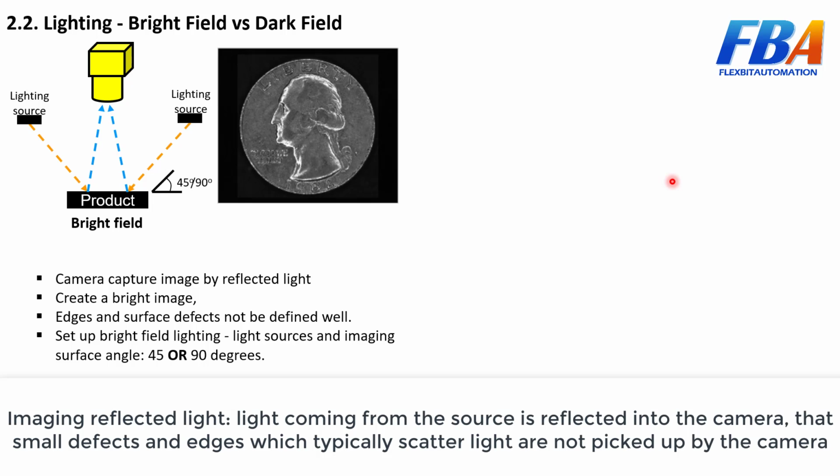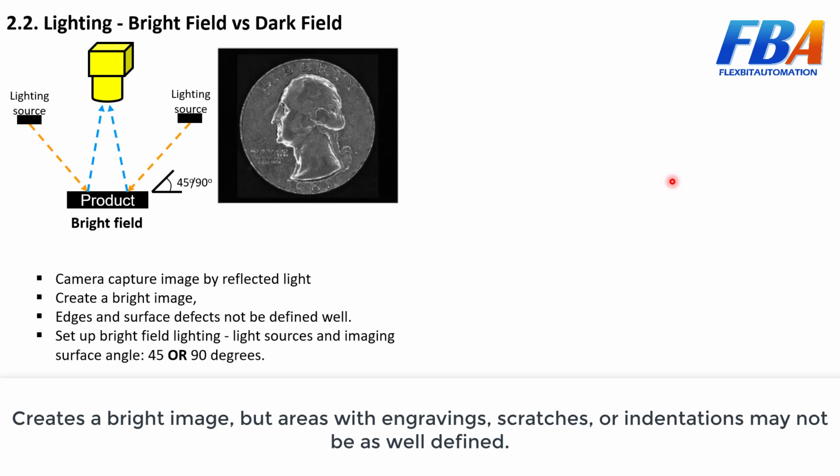Light from the source is reflected into the camera. So small defects or edges, which typically scatter light, are not picked up by the camera. This creates a bright image, but areas with engravings, scratches, or indentations may not be as well defined.